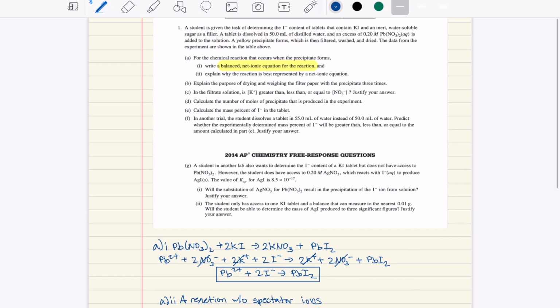So part B asks, explain the purpose of drying and weighing the filter paper with the precipitate 3 times. So again, going to the question, we have to explain why drying and weighing the filter paper with the precipitate 3 times is important, right? So why not just 1 time, right?